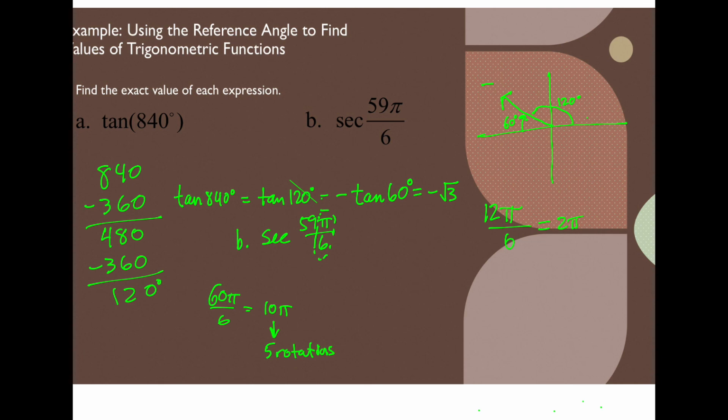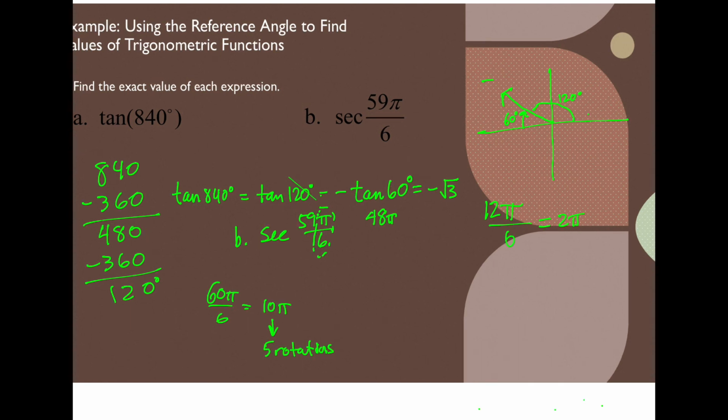So if I'm only going 59 pi over 6, that means I haven't quite completed 5 rotations, which means I did 4 rotations. 4 times 12 would be 48 pi. That would be 4 rotations. Plus we went a little bit more, not quite 5 rotations. 59 minus 48 is 11 pi. So I did 4 rotations plus almost a full rotation, but I was 1 pi over 6 short of it.